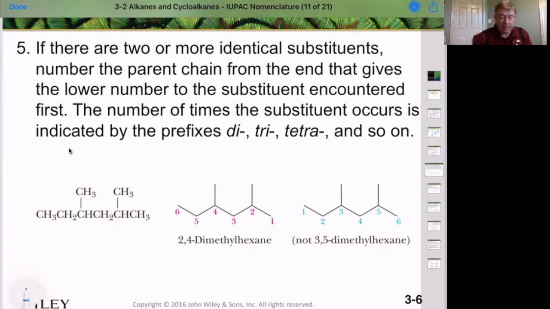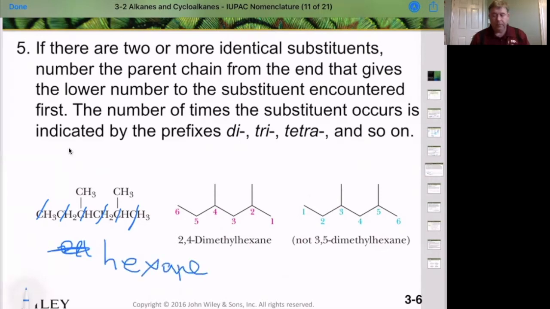So in the case of this compound here, we have 1, 2, 3, 4, 5, 6 carbons in our primary chain, which gives us the name hexane. Hexane, right here. And now we have to number. If we numbered from this side, we'd have 1, 2, 3, 4, 5.